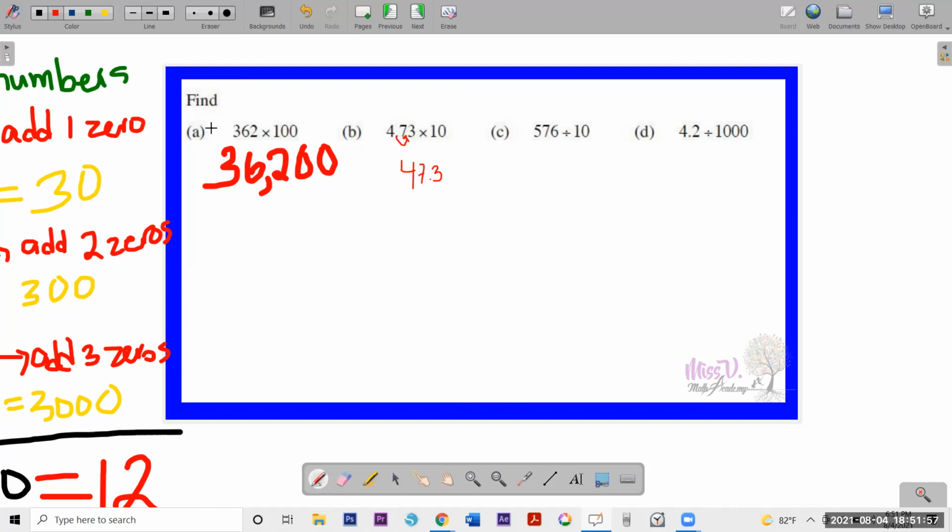So I'm going to rewrite this so we could see better. 576 is the same thing as 576.0. So if you put a decimal place to the back, it doesn't change the number, and that's where you would need to put it. And so, following the rules, if I want to divide by 10, I move to the left 1.